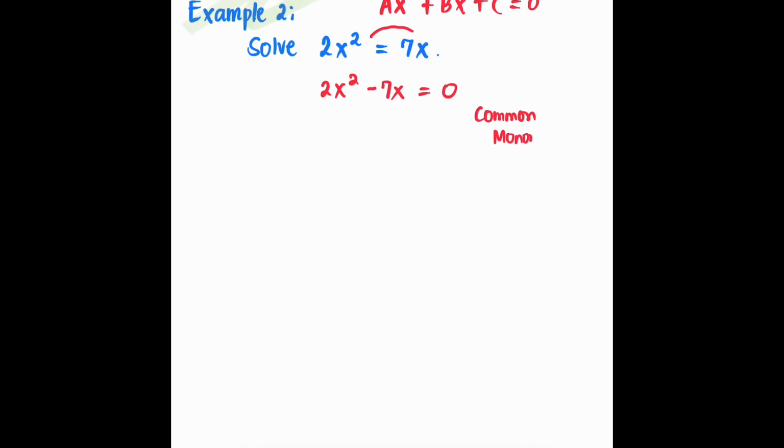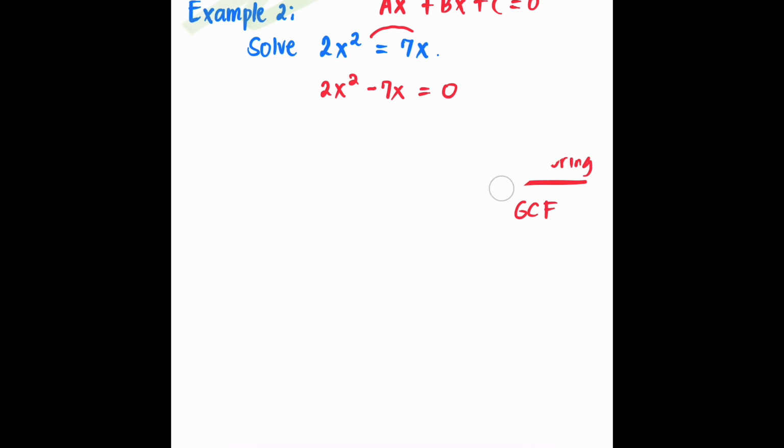Common monomial factoring. Or others, they call it the GCF. So we just technically look at the common factors from each term, then take it out and carry on. So others, they call it like GCF, right?